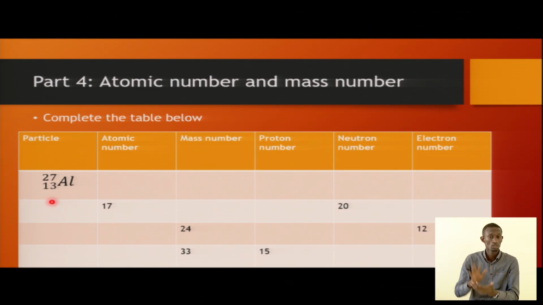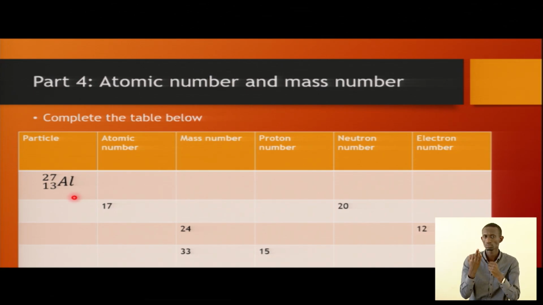On the table we have the particle, atomic number, mass number, proton number, neutron number, and electron number. The first particle is the row I'm going to complete for you, and you will try the other rows. It is aluminium, 27 13.